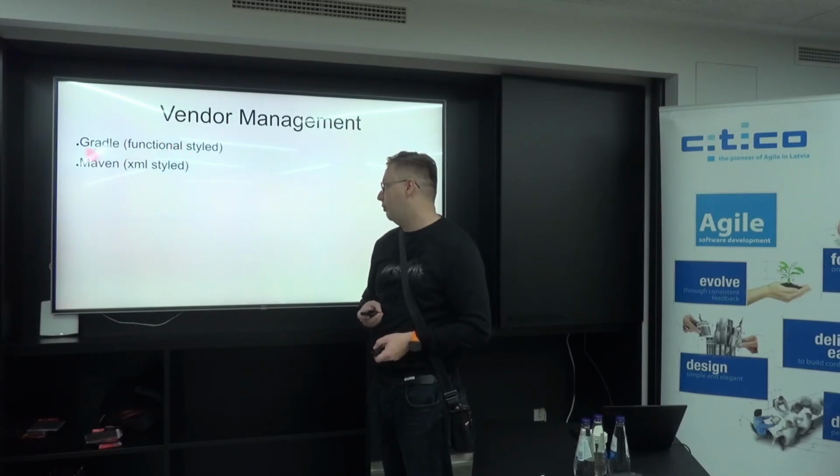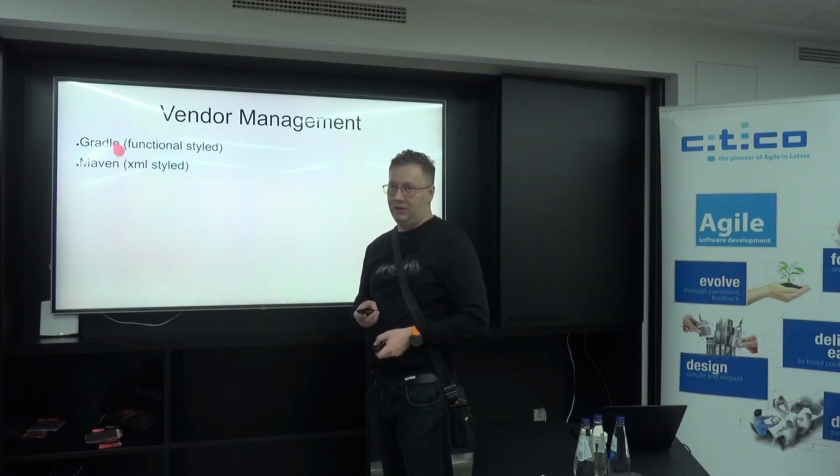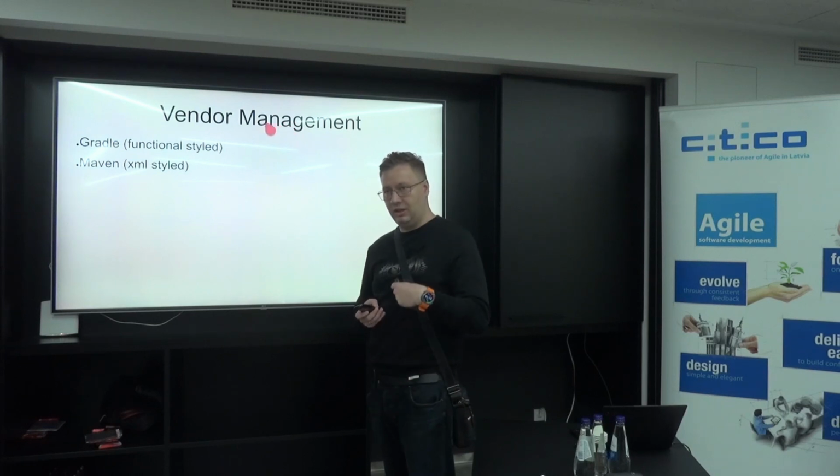If we talk about Maven, it's more like we describe everything in a single object, and they are not relating to each other because they are not functional. They're just creating a massive list of dependencies. Then this massive list of dependencies is passed somewhere, it's downloading what is needed, creating the structure.